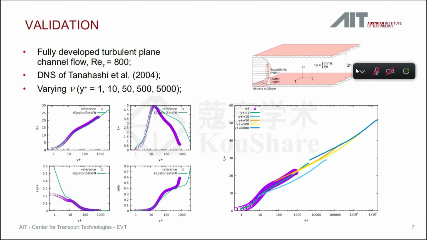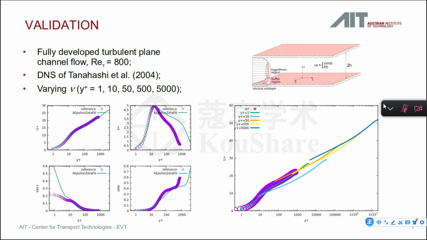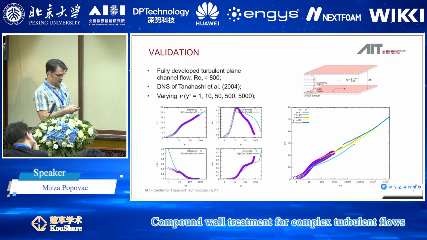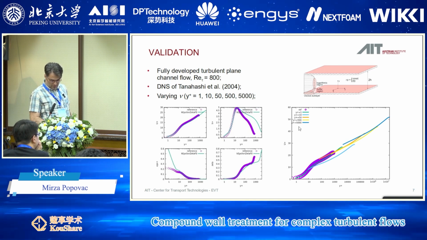You can imagine that, for instance, in the orange line, my first cell is y plus 50, the blue cell is y plus 5000. So whatever down to 1, it goes with one expression.